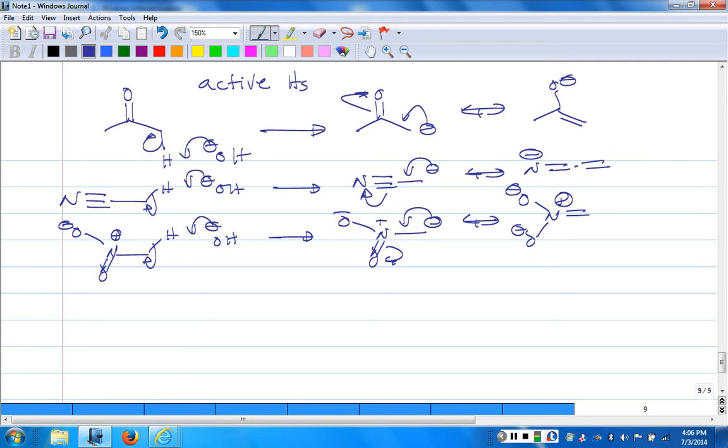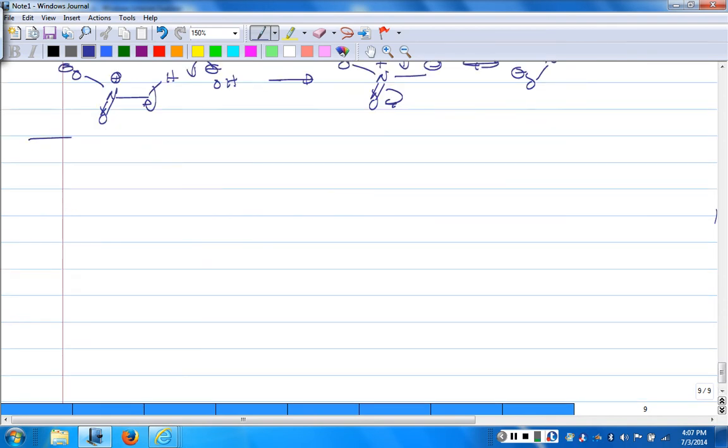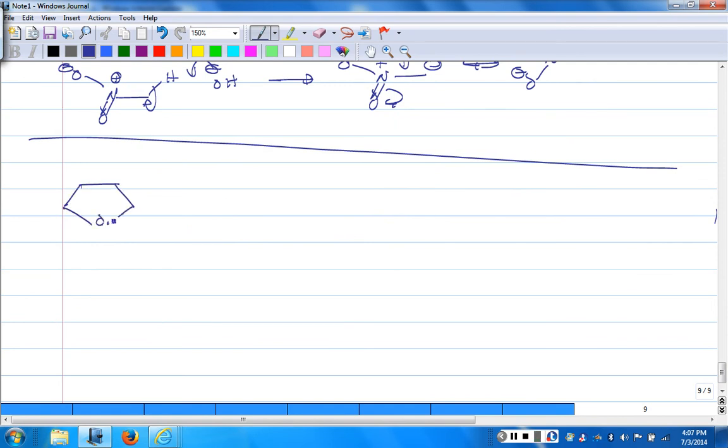And although the aldol reaction itself is unique to aldehydes and ketones, there are aldol type reactions that other species with active H's can undergo. And a classic example is the following. If I take this compound, it is the aldehyde of furan.